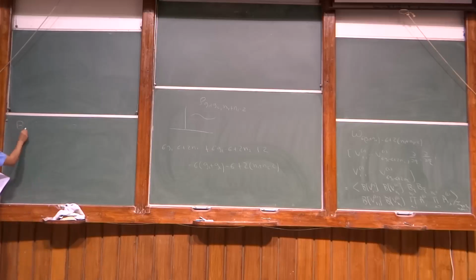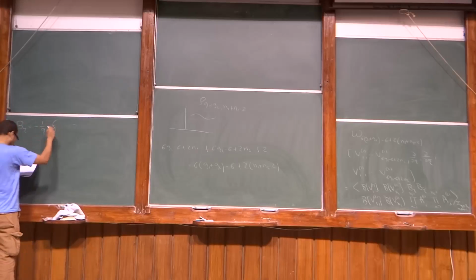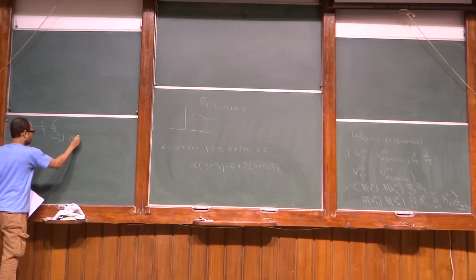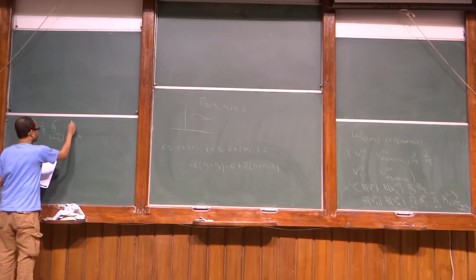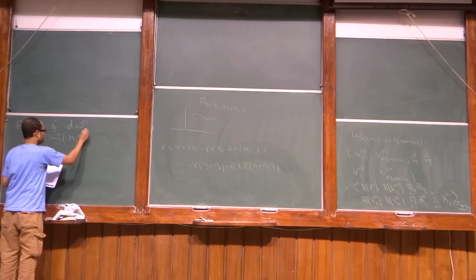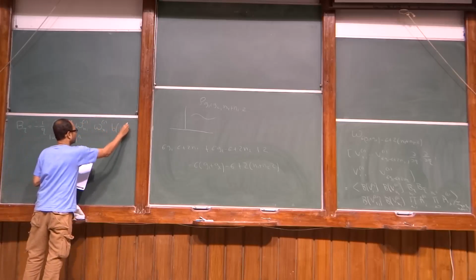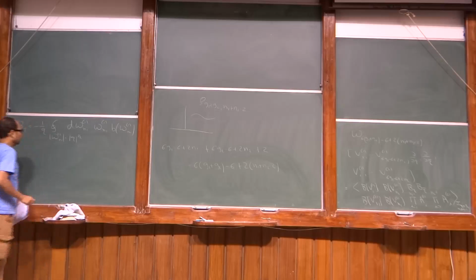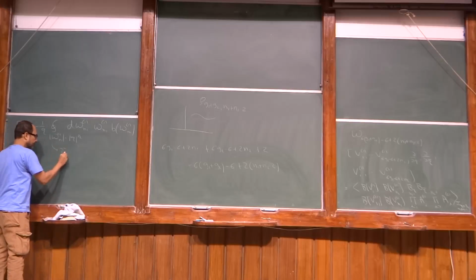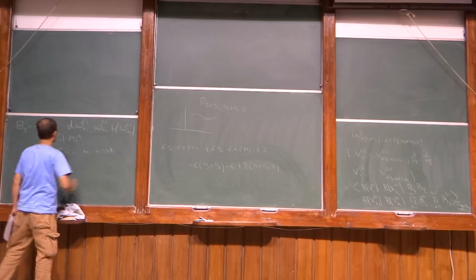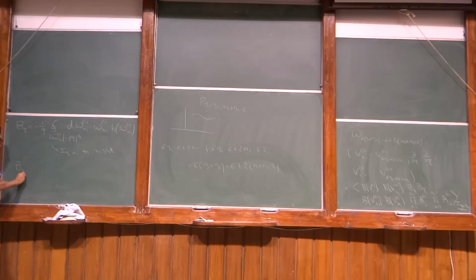So b_q was minus 1 over q, and this contour is to be taken on sigma G1 N1. And b_q bar was minus 1 over q bar.